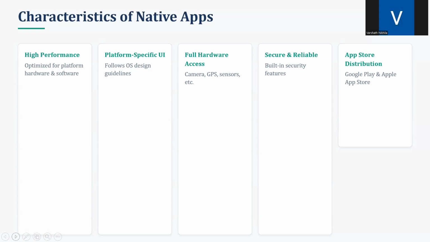Native apps can access biometric authentication like fingerprint and face ID, the camera for AR and QR scanning, and sensors for fitness tracking. Then reliable and secure. Native apps use sandboxing and app permissions. Secure storage mechanisms are used here, so built-in security features are also available.